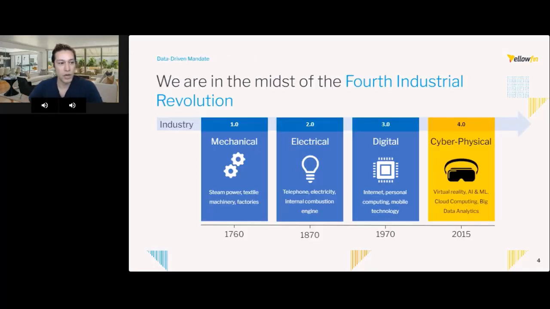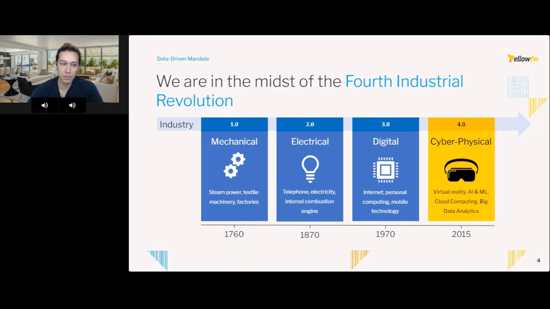So we are in the midst of the fourth industrial revolution. So like it or not, that's where we are. We're in the industry 4.0. And just a brief history lesson here. In the late 1700s, people started to say, "Oh, I'm tired of doing things by hand. Let's bring in some machines to do it for me." And that's what they did.